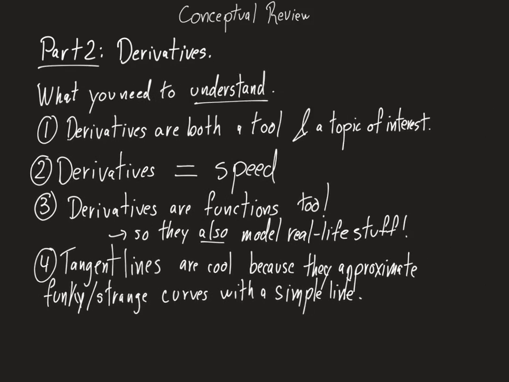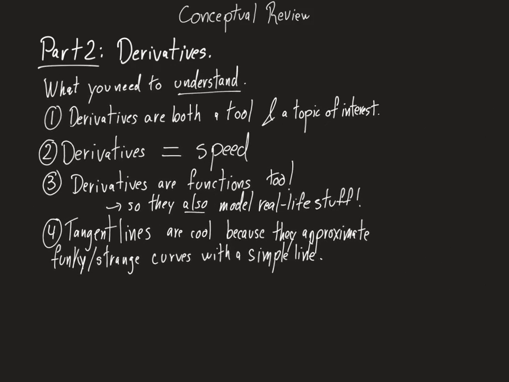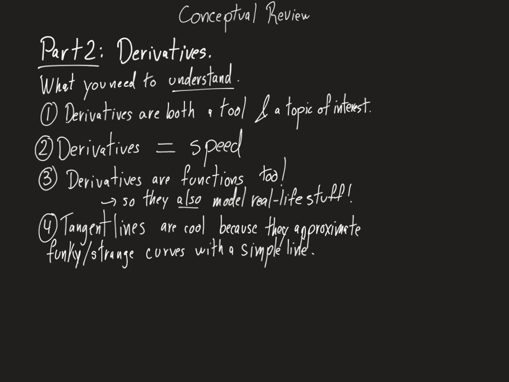Now, last but not least, the last thing that I'd like you to understand about derivatives, and more specifically about optimization, and all that stuff. I think it's pretty clear by now why we do optimization, why we care about optimization, why this is useful in real life, right? We want to find the highest point.